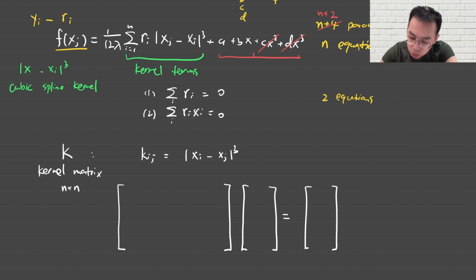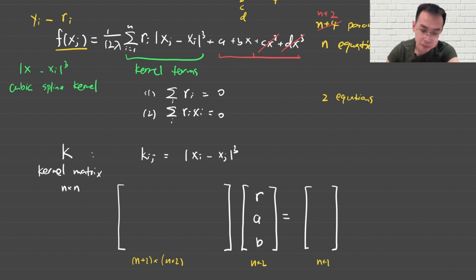The parameters that we will have are r, a, and b. So that's going to be an n plus 2 vector. And then for the matrix, we want n plus 2 times n plus 2. And then on the right-hand side, we want an n plus 2 vector.